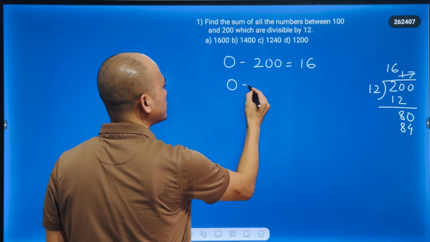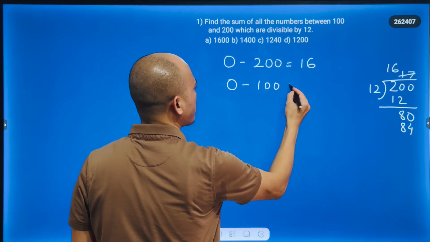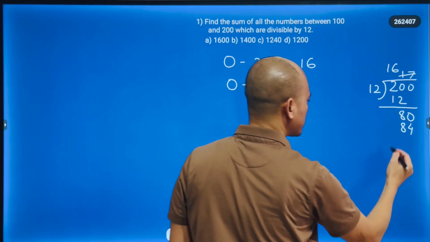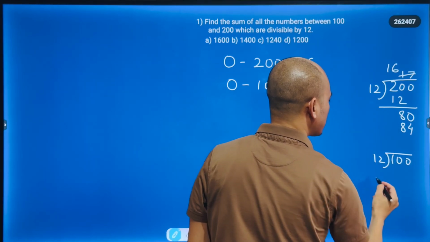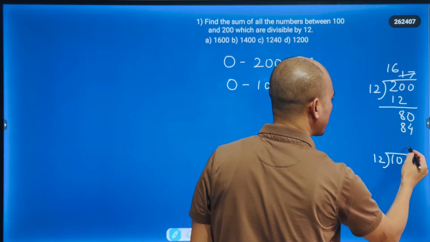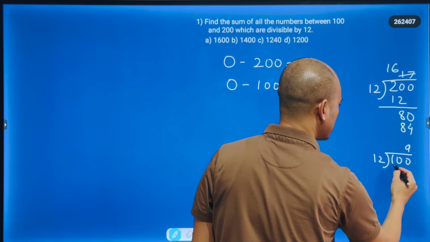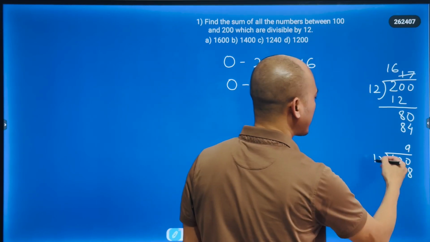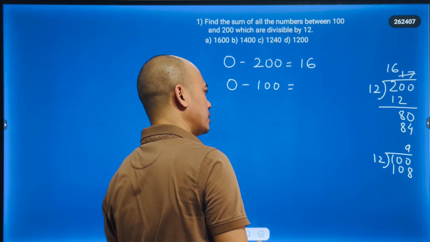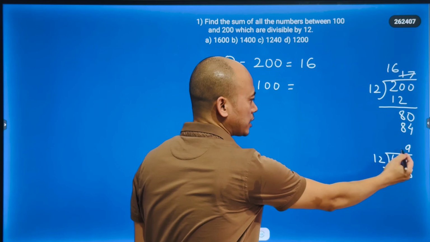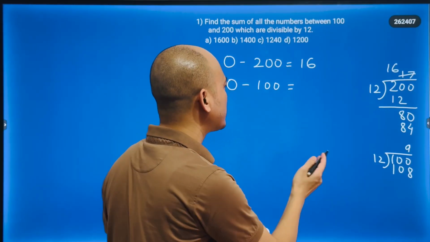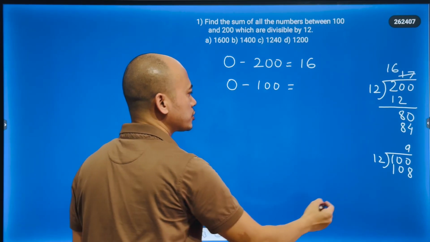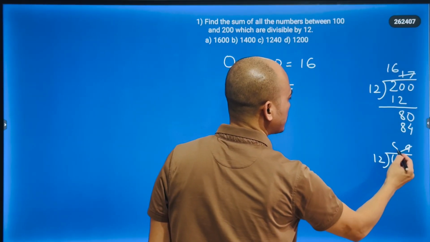Next, let's find how many there are from 0 to 100. Same process: if we divide 100 by 12, 12 8s are 96, 12 9s are 108. If we multiply 12 into 9, then it becomes 108, which is in excess of 100. We have to take below 100, that means 0 to 100, so we cannot take 9, we have to take 8 terms.